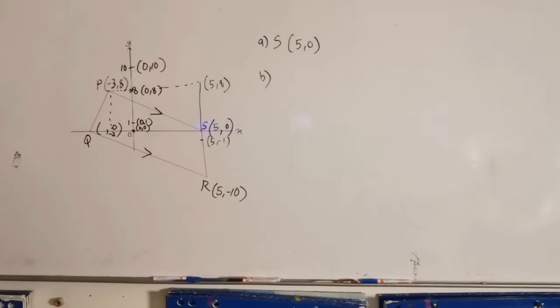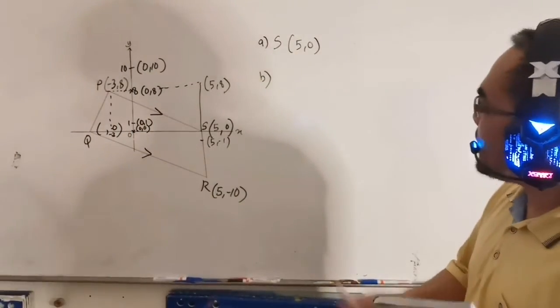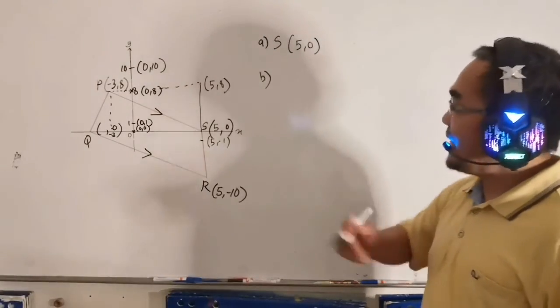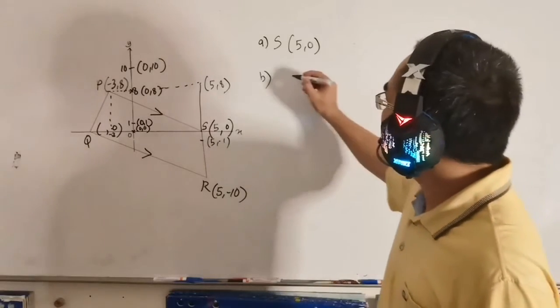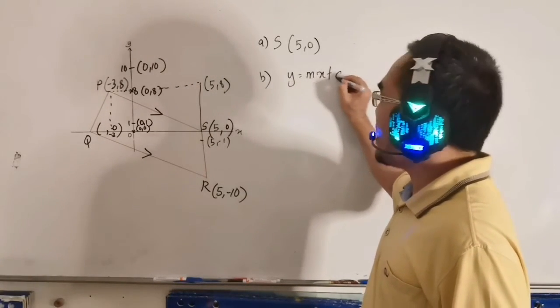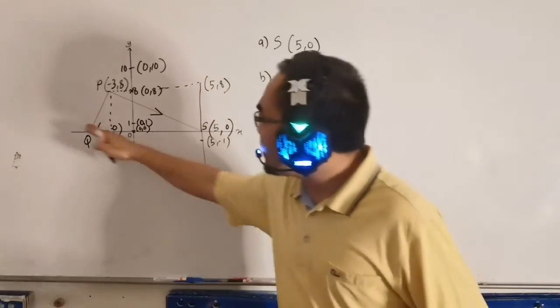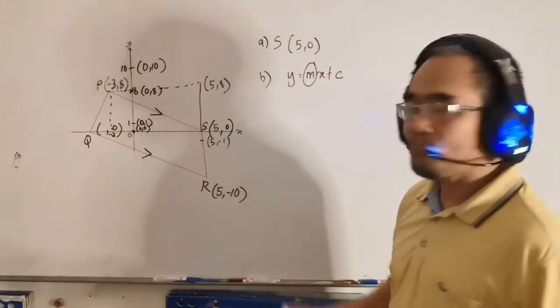Now look at B. The equation of the straight line QR. First, you have to know the equation of a straight line is y equals mx plus c. So how do I get the gradient, the value of m?